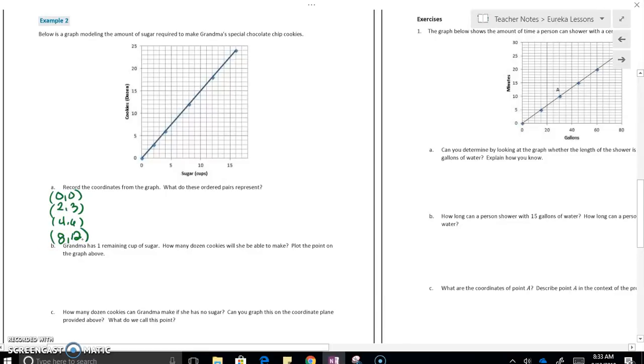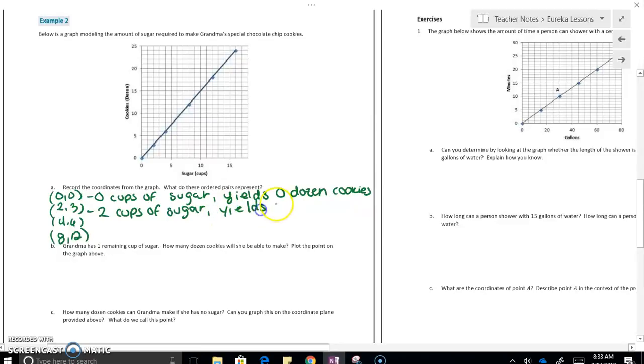Okay, now 0, 0 in this particular context, please pay attention to this, means that 0 cups of sugar yields 0 cookies, 0 dozen cookies. Two cups of sugar yields 3 dozen cookies.